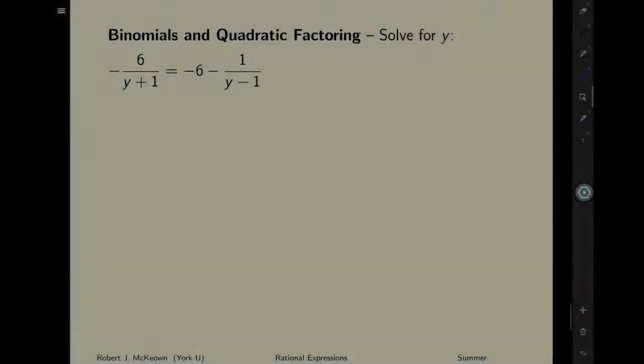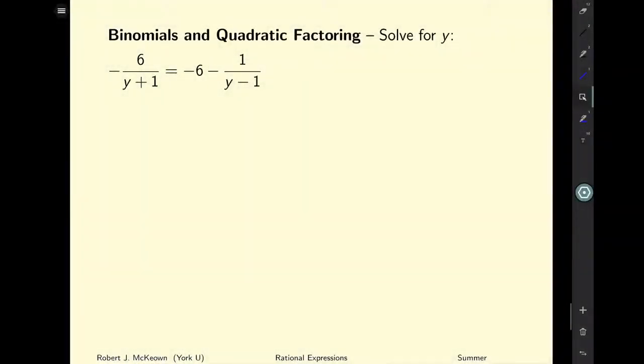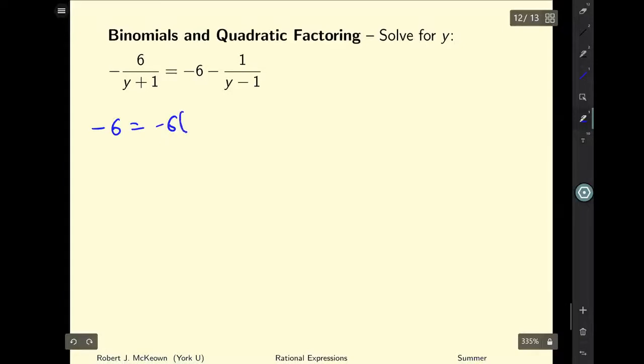So our next question is asking us to solve for y. Normally I would like to start with a lowest common denominator, but I'm going to approach this slightly differently because I see I've got this y plus 1 and I'd like to move it. So I'm going to multiply both sides of this expression by y plus 1. When I do that, we get negative 6 is equal to negative 6 times y plus 1 minus y plus 1 over y minus 1.